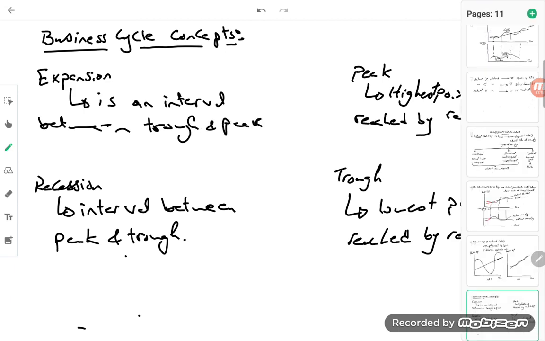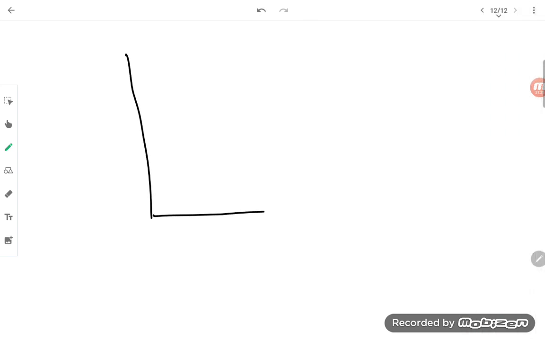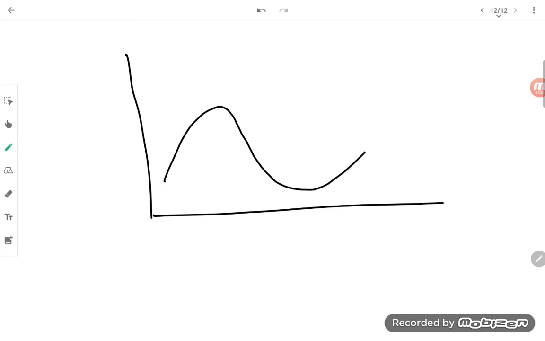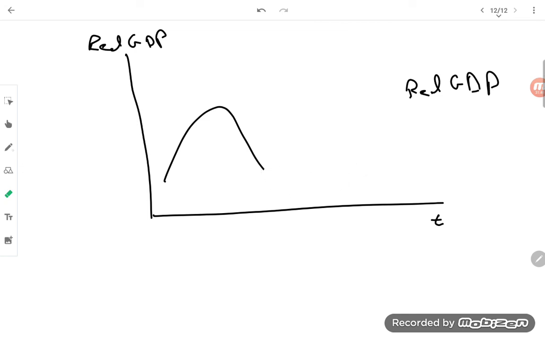So graphically, this is a business cycle, okay? This is the peak. This is the trough.